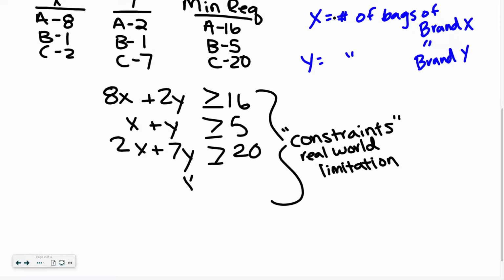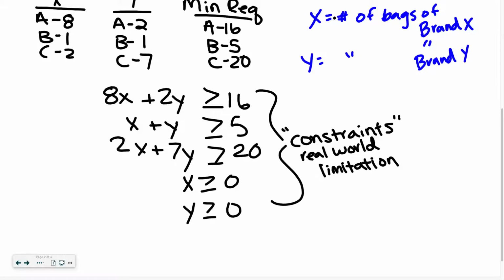But we have to say that X is greater than or equal to 0 and Y is greater than or equal to 0. Now, sometimes those constraints are hidden because I might say, you have to use at least 2 bags of brand X, then X is greater than or equal to 2, and you don't have to include X is greater than or equal to 0. It's redundant.